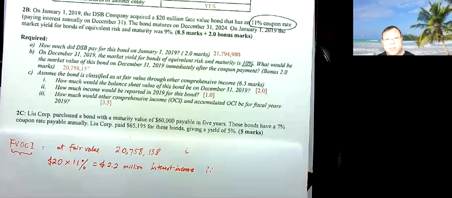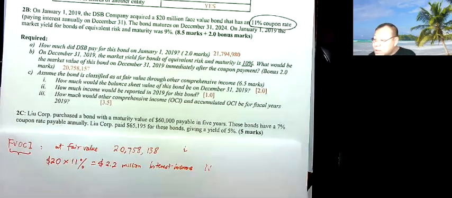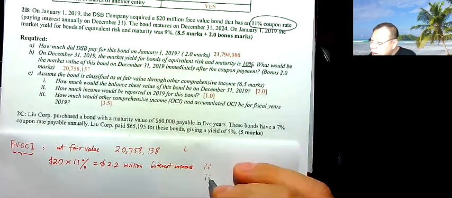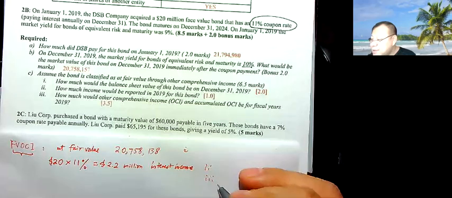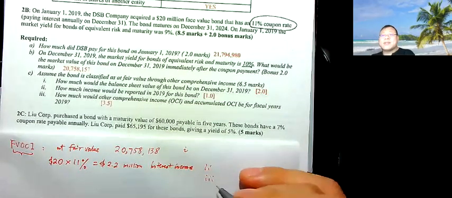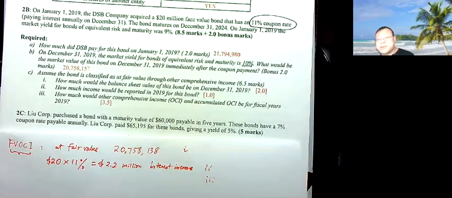Number three, how much other comprehensive income for the fiscal year 2019? That's the change in the fair value recognized in the OCI.